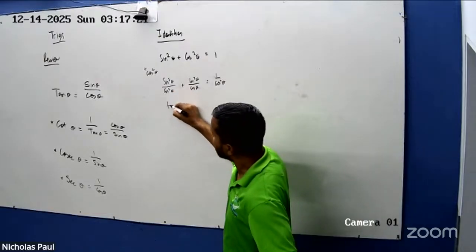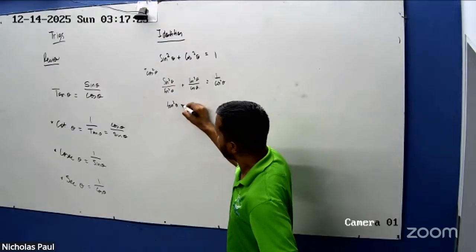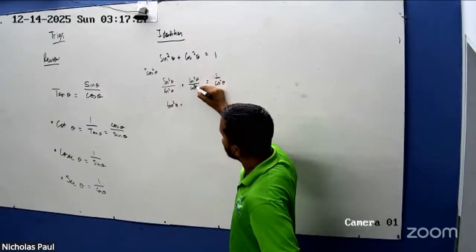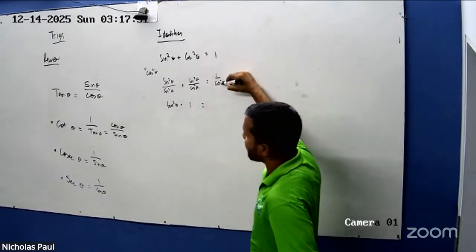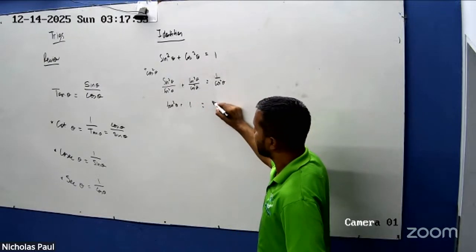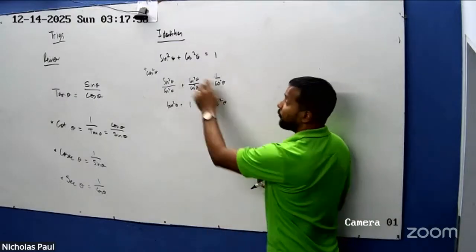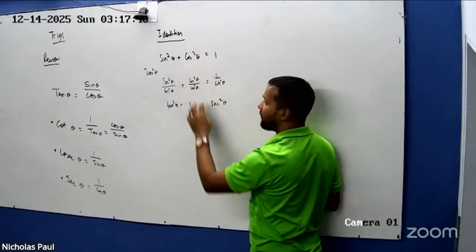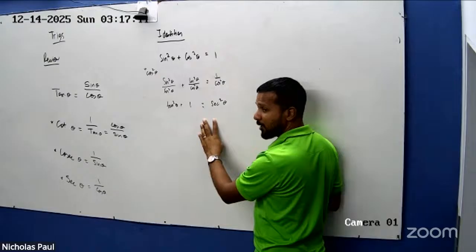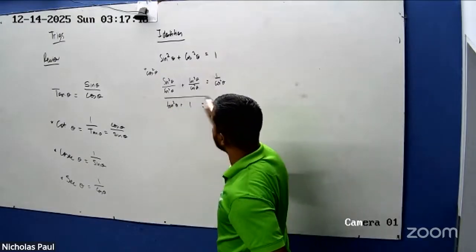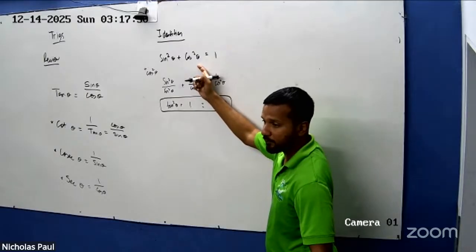That'll be tan squared. What's this here? That's 1. And what is 1 on cos squared? Right? So from the old identity from Form 5, we can get this. That's okay? So this might be a little bit new, but I want to show you that it just comes from this.